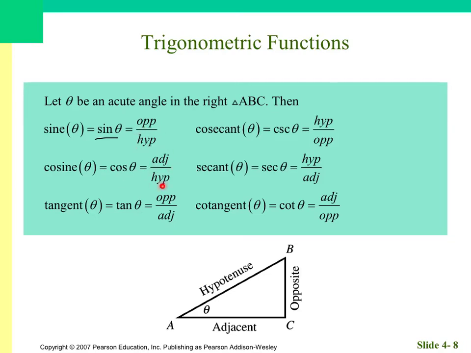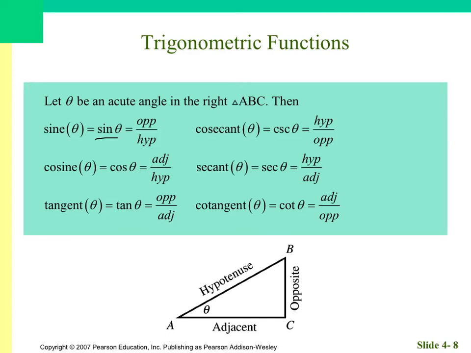Cosine is adjacent over hypotenuse. Tangent, opposite over adjacent. Now, cosecant is the inverse of sine. See how it's just flipped? Secant is the inverse of cosine, so it's hypotenuse over adjacent. And cotangent is the inverse of tangent, so it's adjacent over opposite.